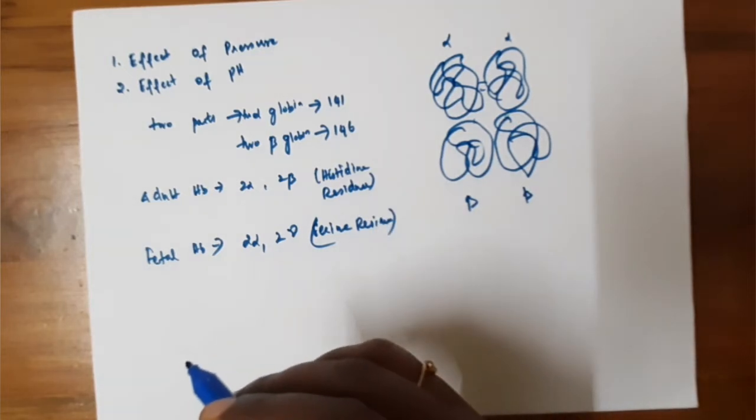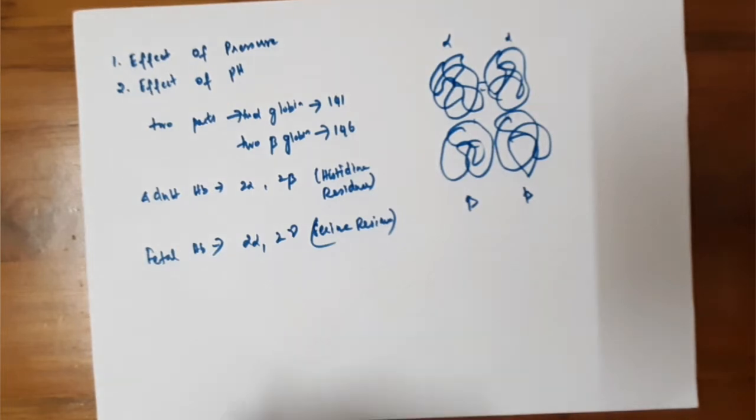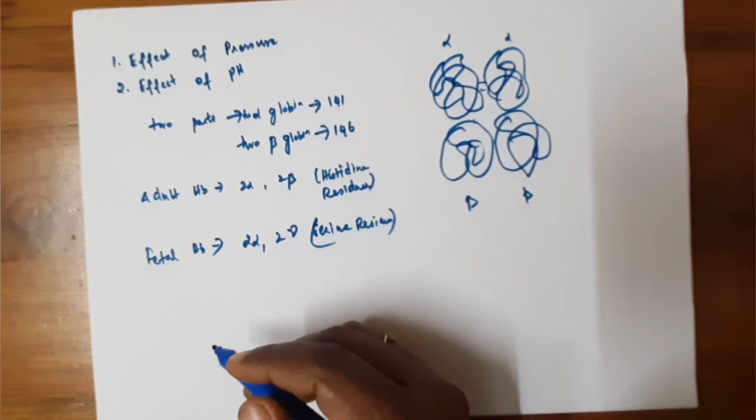When it reaches the muscle tissue, it experiences a low partial pressure of dioxygen. When the hemoglobin feels a low partial pressure of dioxygen, it immediately loses the dioxygen and transfers it to myoglobin. Then the myoglobin stores the dioxygen, and whenever oxygen is needed, it is released for the cell respiration process.